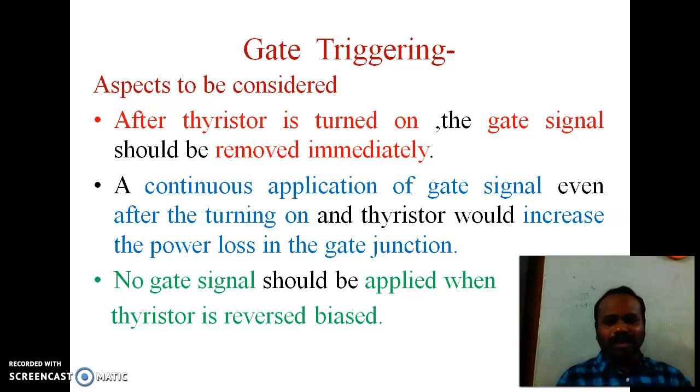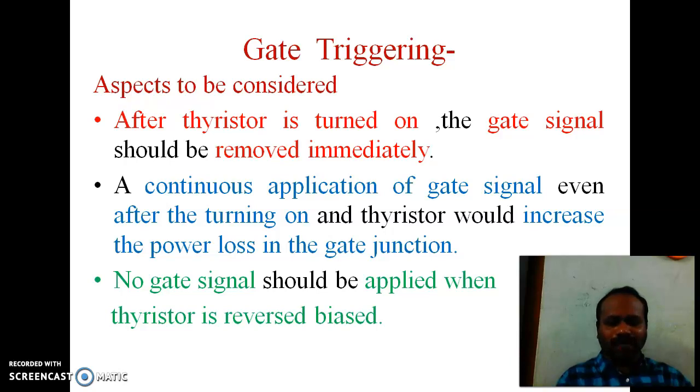And next, no gate signal should be applied when the thyristor is reverse biased. In order to bring the thyristor from off state to on state, we provide the gate pulse, which is known as triggering. But this gate pulse should be avoided in two situations.